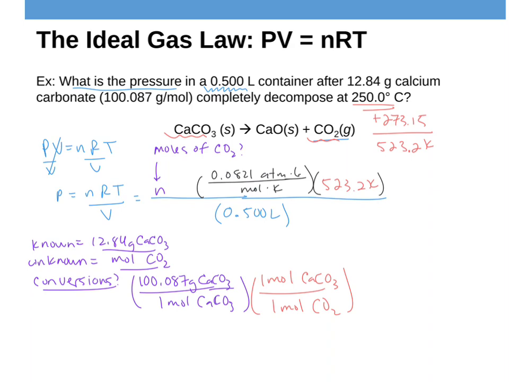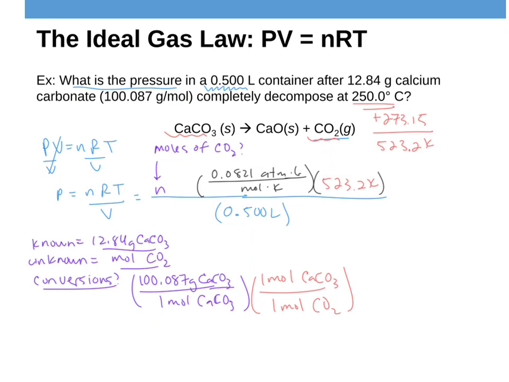I don't need to find the molar mass of carbon dioxide because I'm not trying to get to grams. I'm just sticking with moles here. So let me put this together. I'm starting with 12.84 grams of calcium carbonate. I know that if that decomposes, that's going to turn into so many moles.